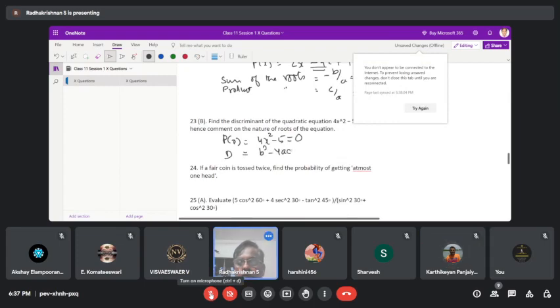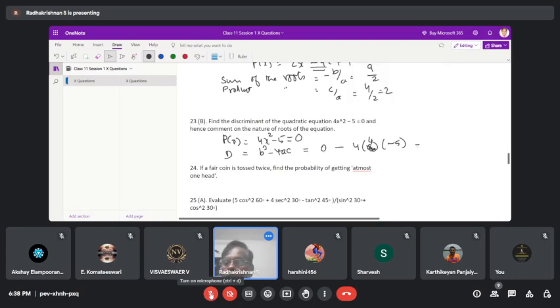What is b here? 0, right? In 4x square minus 5 there is no x term. So b is 0, minus 4, a is 4, c is minus 5.